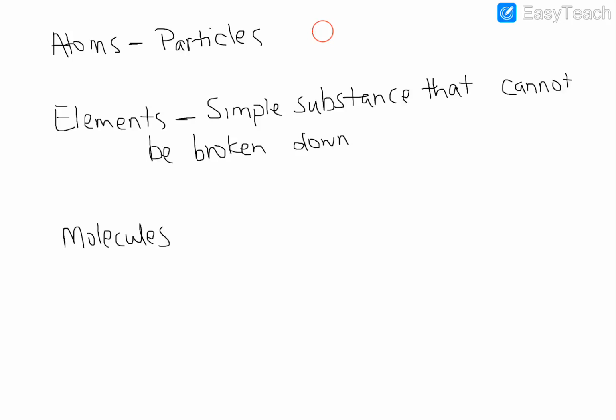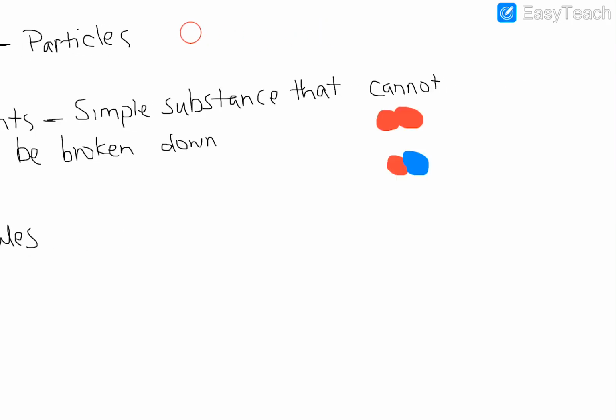What does that mean? It means that if I have these two substances, you can see that if I break this down, I will end up with still the red particle, which means that I cannot break it down into any simpler substance. I still end up with that red particle.